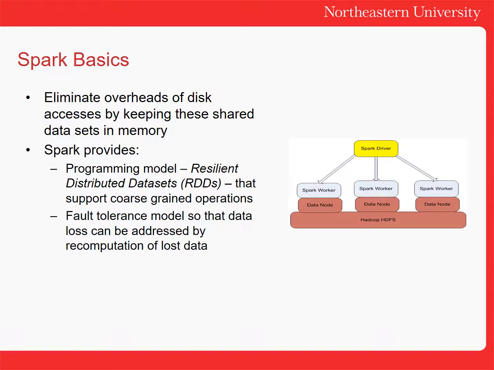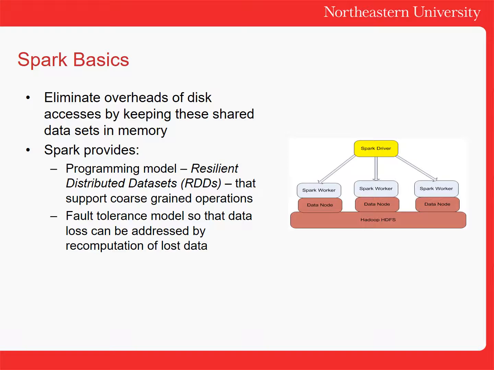The key abstraction that Spark uses is an RDD, a resilient distributed data set. By default it runs on top of HDFS. When you run a job, the partitions that you want to process are read into memory, into the memory of the nodes in the cluster that you're using for processing.